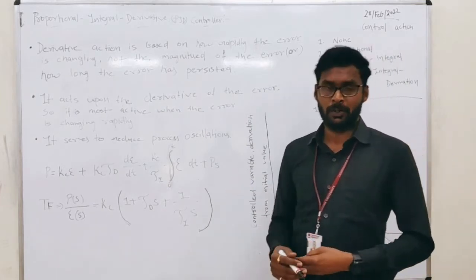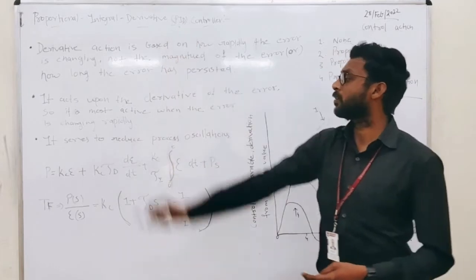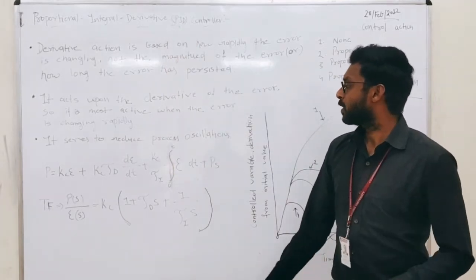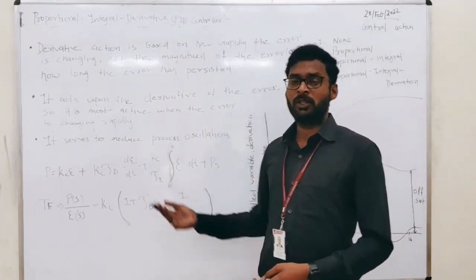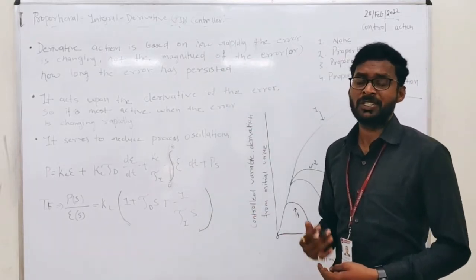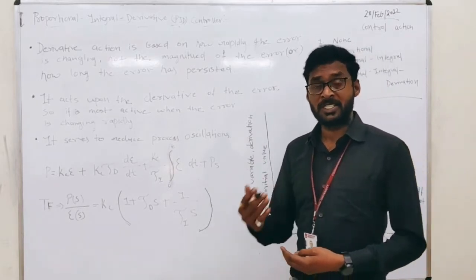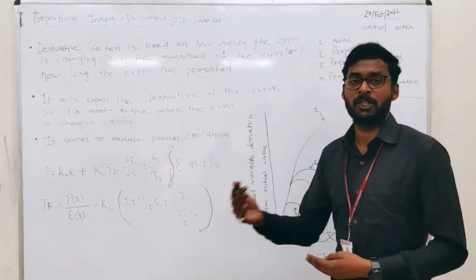So to avoid that, we can use the PID controller. And as I told you, when we use this PID controller, we can minimize the oscillations, minimize the sensitivity of the process, and increase the stability of the process.